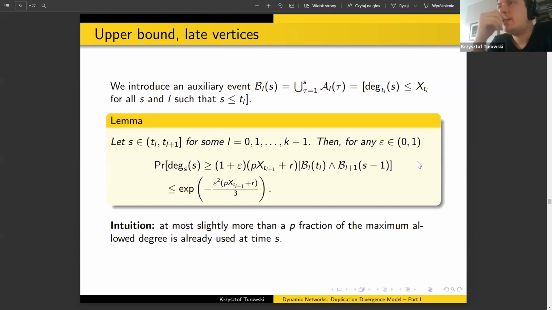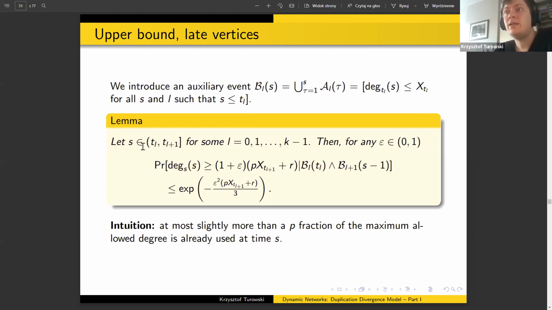And here we use induction in the sense that in each space between t_i and t_i plus 1, every vertex has to be a copy of some early vertex or a copy of some vertex within the same interval which was earlier. And we prove it one by one.